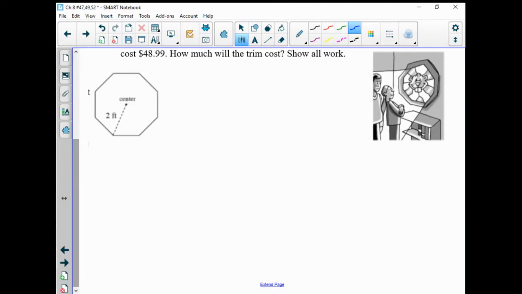All right, let's start with area here. Well, we said we had 8 sides. So that means we've got 8 triangles. They're all isosceles. I'm going to find that middle angle by taking 360 divided by 8. So that tells me I have a 45-degree angle.